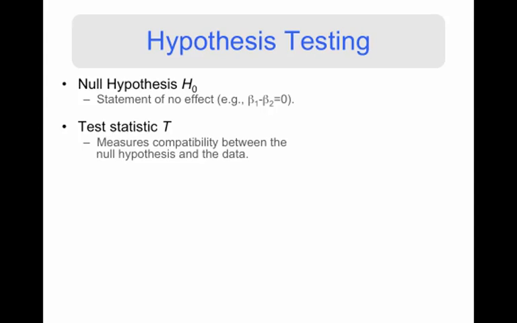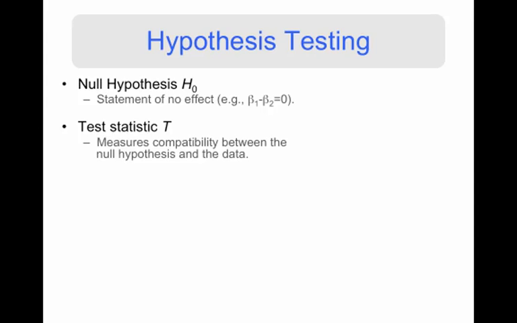Now, in order to test the null hypothesis, we have to compute a test statistic. A test statistic measures the compatibility between the null hypothesis and the data. So we assume that the null hypothesis is true, and we see whether or not there's evidence in the data that contradicts that statement. So, for example, if we compute a t-statistic, we're seeing whether or not the sample mean is significantly different from some hypothesized mean.